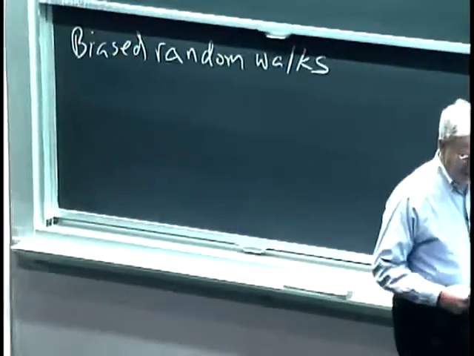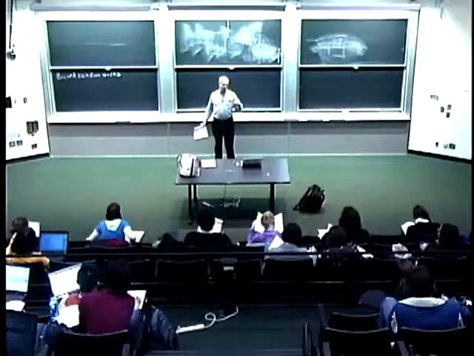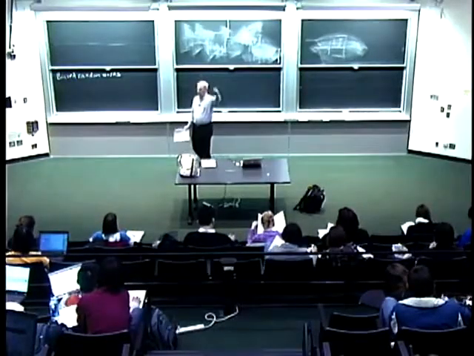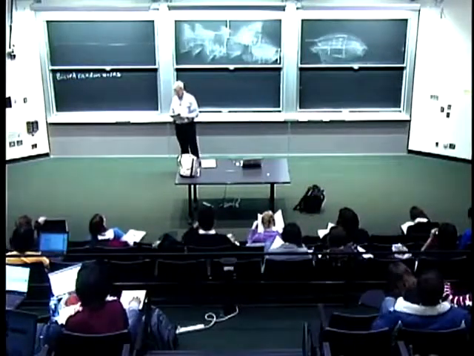The notion here is the walk is still stochastic, but there's some bias in the direction. So the movements are not uniformly distributed or equally distributed in all directions.